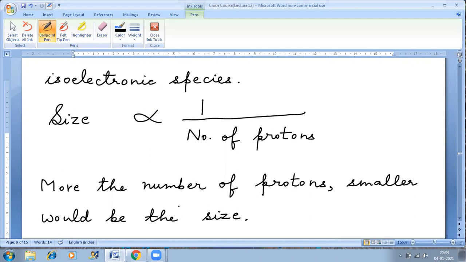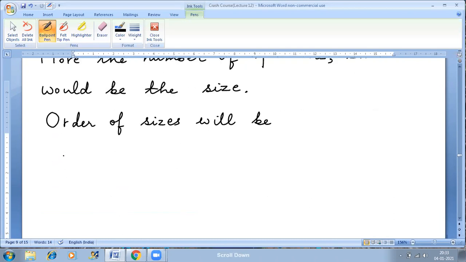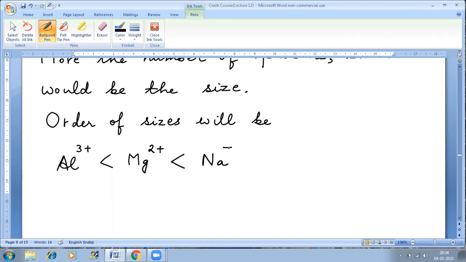The largest number of protons here is for Al3 plus. So Al3 plus will be the smallest of all, followed by Mg2 plus, followed by Na plus. So this will be the order of sizes.